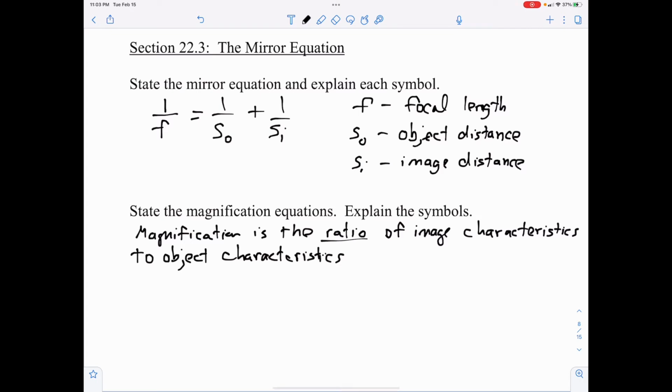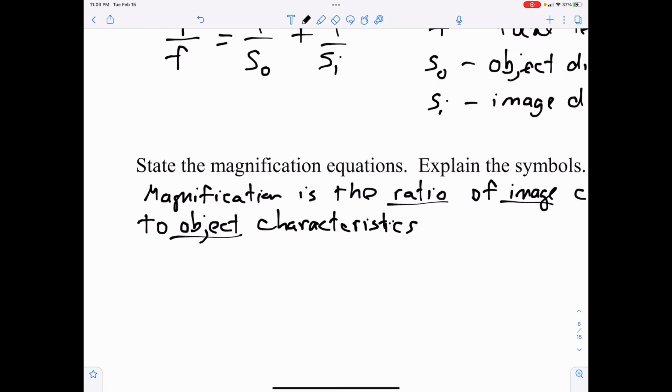Okay, it's a ratio of image to object characteristics. So what we can say is M is equal to HI over HO. Or we could say it's equal to a negative SI over SO.